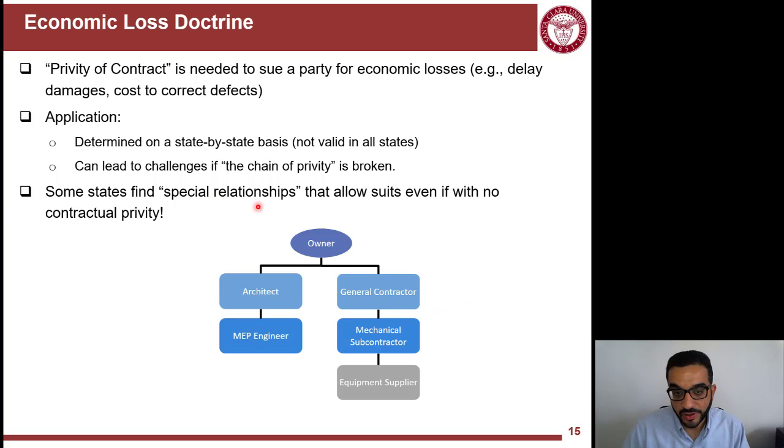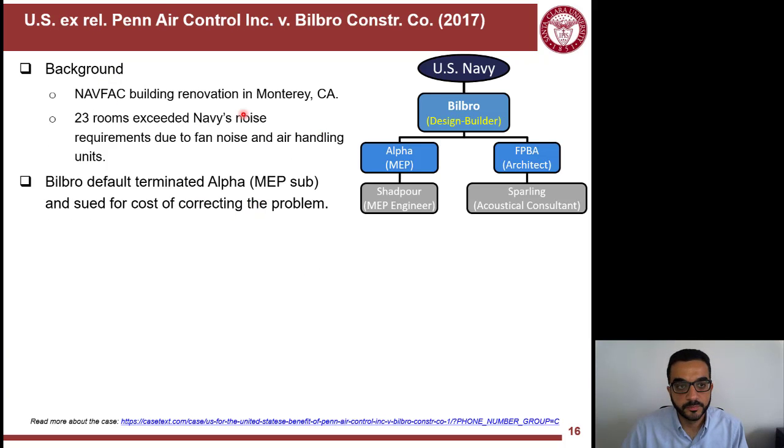Some states find special relationships that allow suits even without contractual privity. Let's see this example, a U.S. case, Penn Air Control Incorporated versus Bilbro Construction Company. The delivery system here was design build. Bilbro was a design builder.